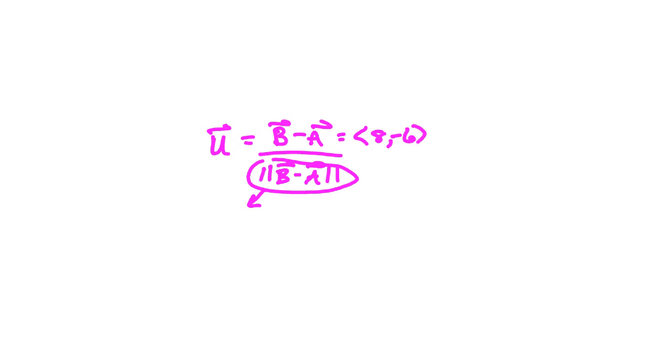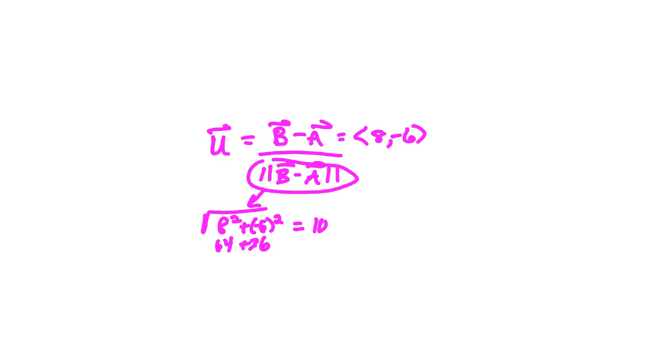So that norm is going to be the square root of 8 squared plus -6 quantity squared. So 64 plus 36 is 100, the square root of 100 is 10, right?